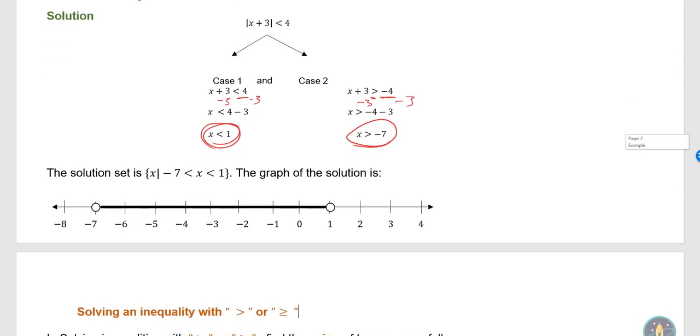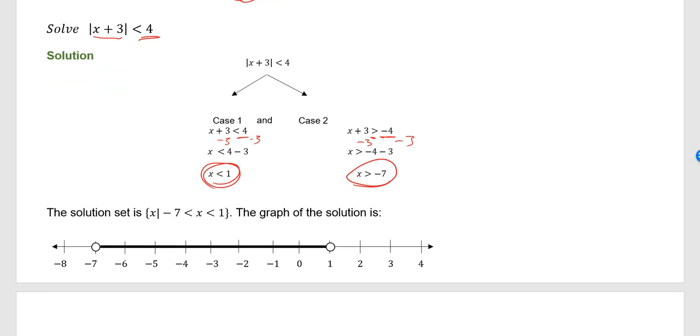So since we need to take the intersection of both expressions, we have x is less than 1, so we go to 1 and we draw an open circle, again because 1 itself is not included, but everything less than 1 is included, and we go this way, right? And then we go to minus 7, we draw an open circle.